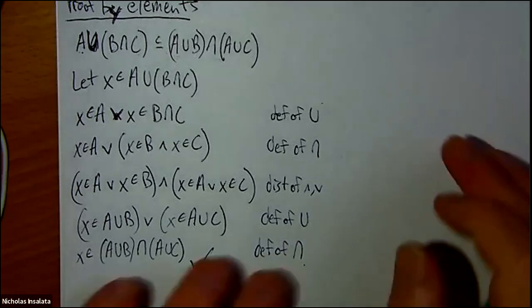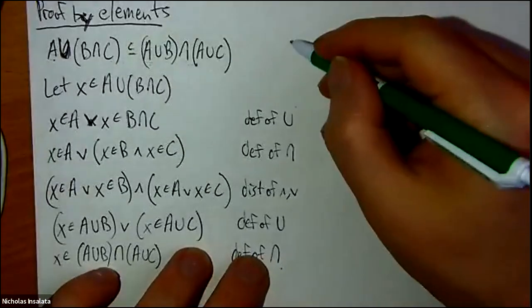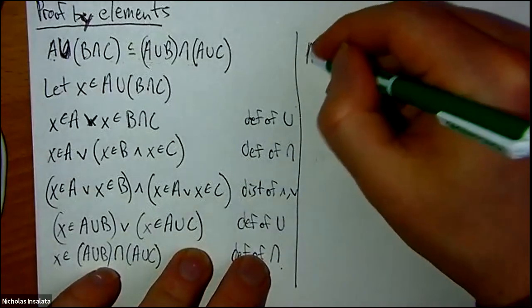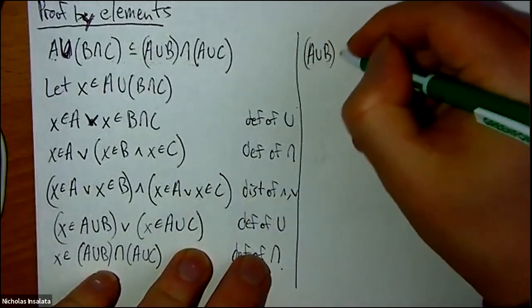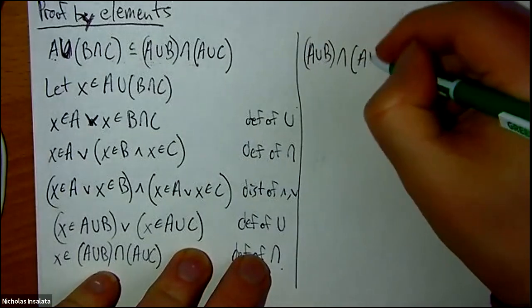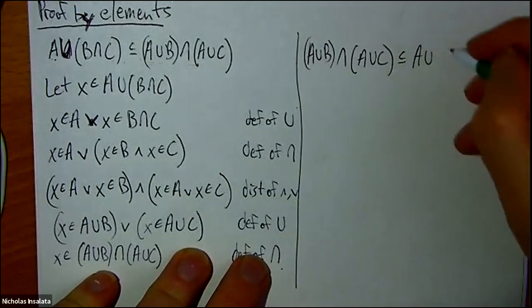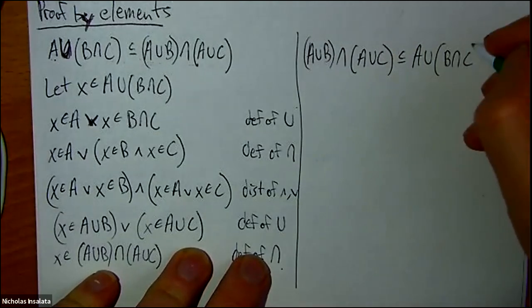Sure, perfect. Okay, so for the other way, we'll start off by saying (A union B) intersect (A union C) is contained in A union (B intersect C).